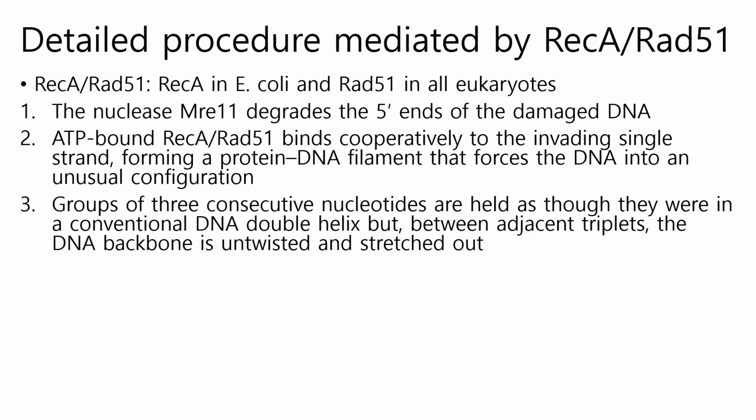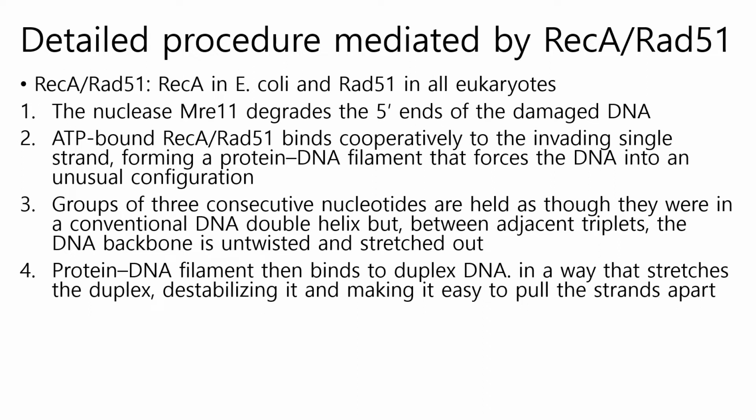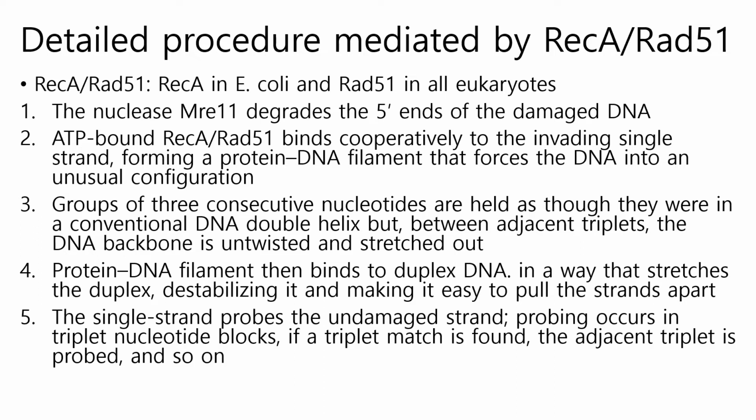Thirdly, groups of 3 consecutive nucleotides are held as though they were in a conventional DNA double helix, but between adjacent triplets, the DNA backbone is untwisted and stretched out. The protein-DNA filament then binds to duplex DNA in a way that stretches the duplex, destabilizing it and making it easy to pull the strands apart.